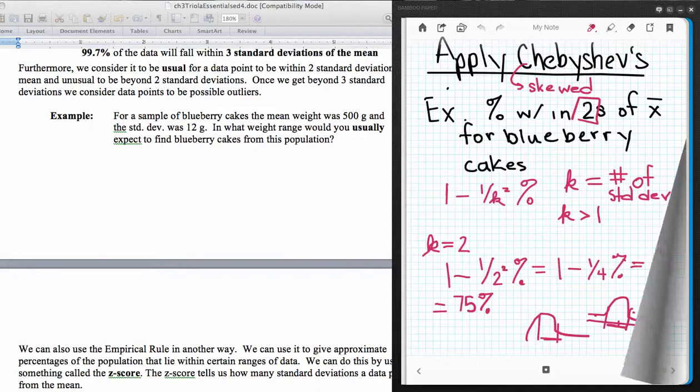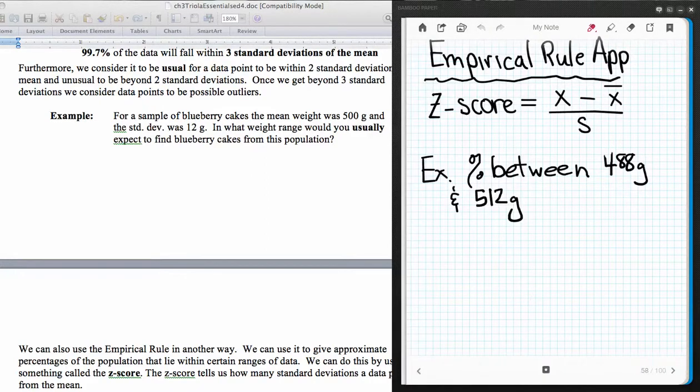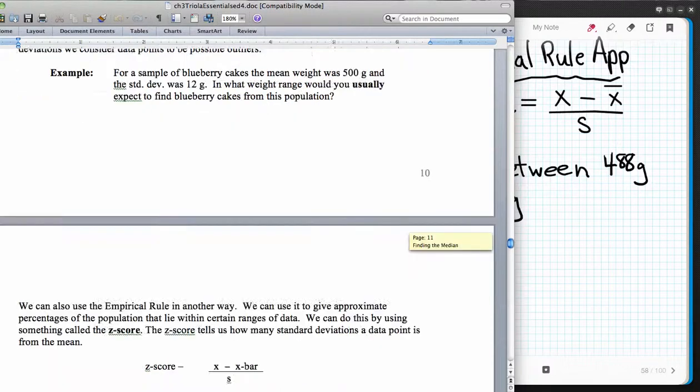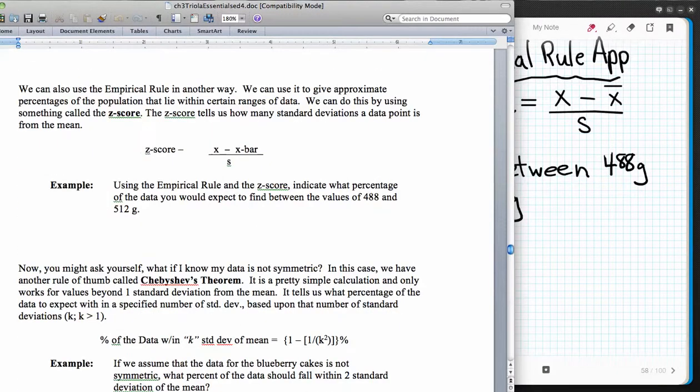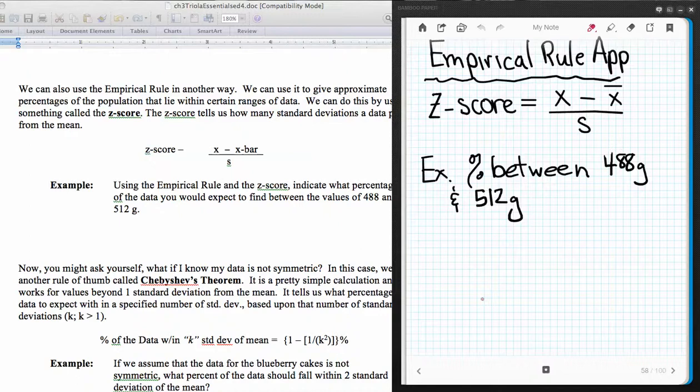All right, now moving along after our comparison here, let's talk about using the empirical rule essentially backwards. Instead of using the standard deviation and the mean to tell us a range of values where we could expect a certain percentage, this time around we're going to judge a certain set of values as having some percentage of data between them.